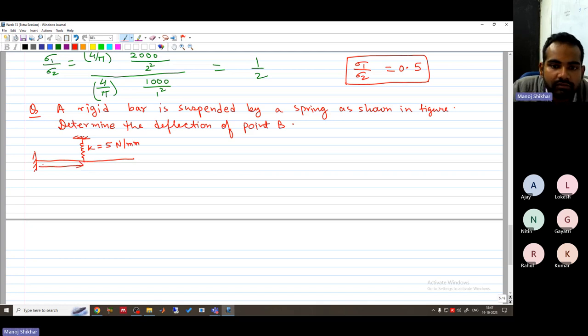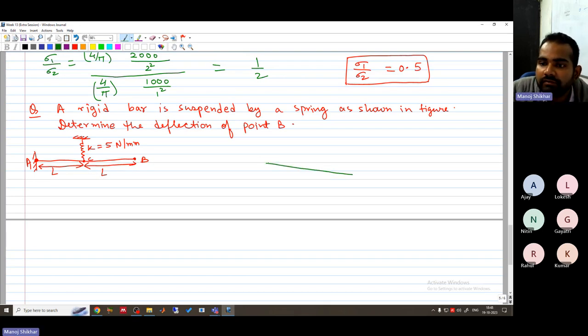Here the length is L. This is also L. And this point is B. This point is C. This point is A. So what we can do is we can first draw the free body diagram.